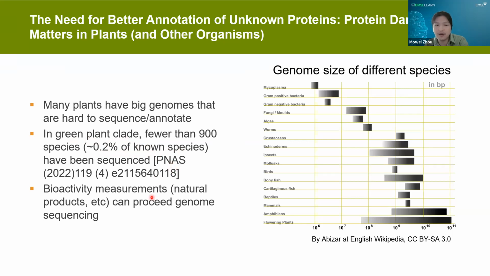But across human history, a lot of plants are used by humans, and a lot of natural products are known to have activity, and even some biochemical activities have been measured in modern science, but without a full genome of the organism, what we can analyze regarding the proteome is limited.